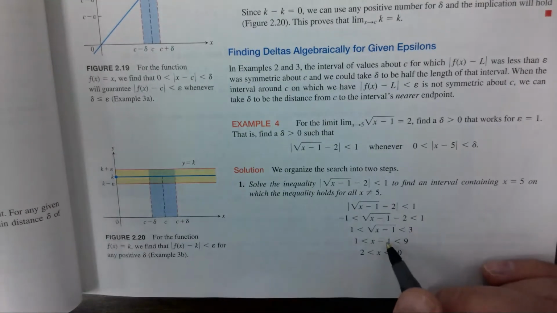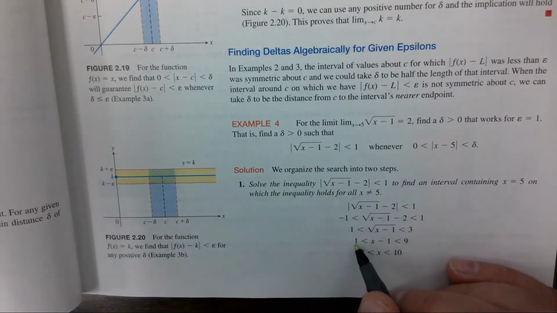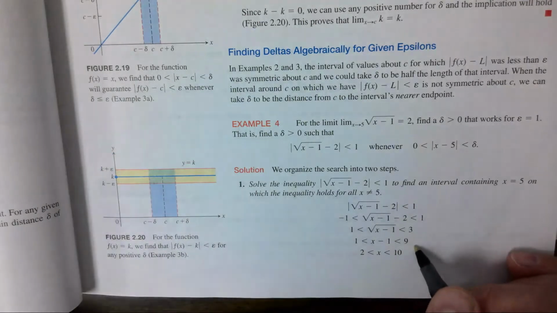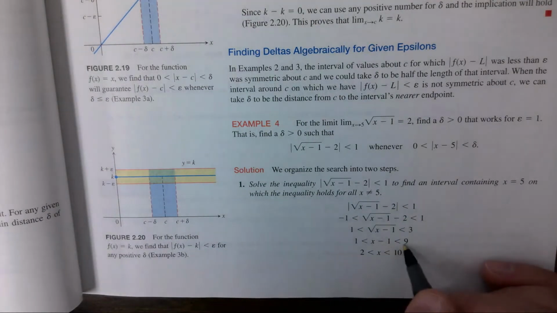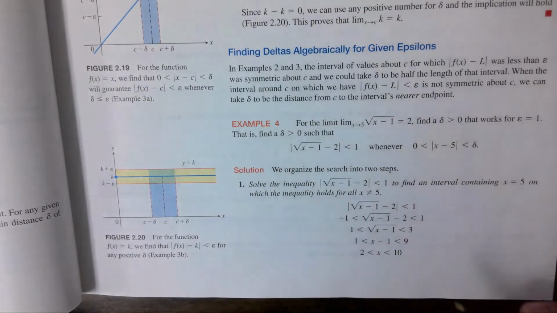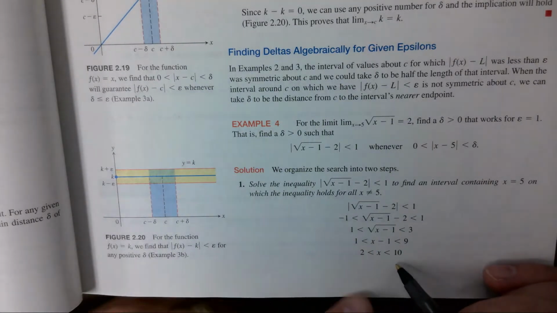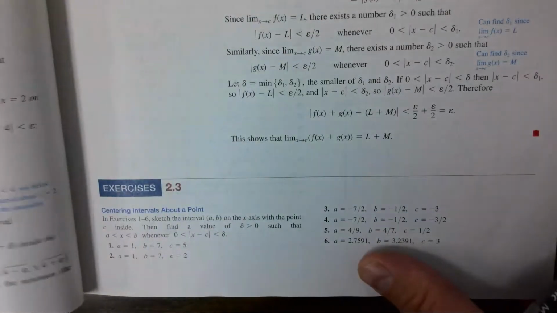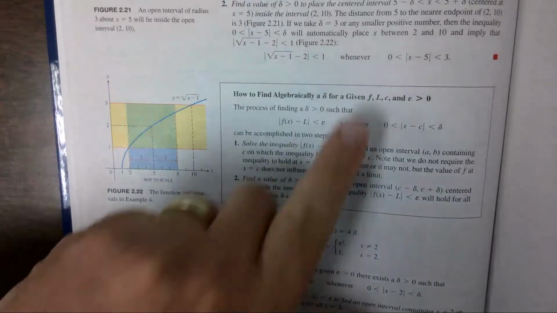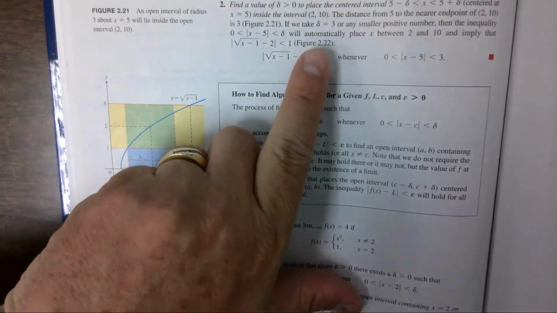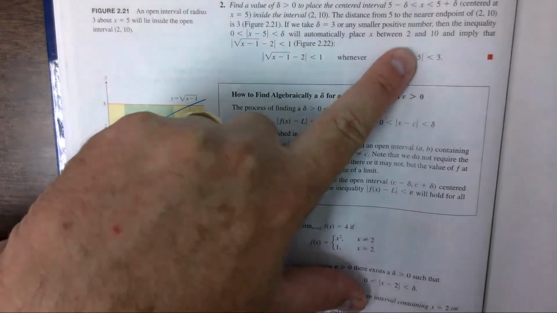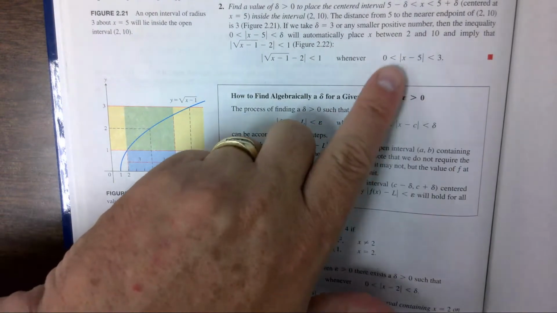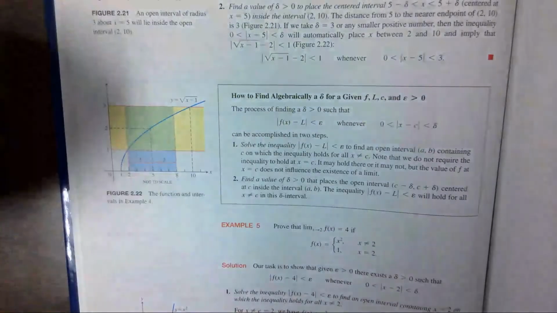Then you're going to need to square both sides. Like you square the middle to just take off the square root symbol. And 1 squared is still 1. 3 squared is 9. And then you've got to add 1 to both sides. So you get 2 and 10. Now, that's your interval, but after that, there's a step. It says it will place it between 2 and 10, which implies this, where it's 3.